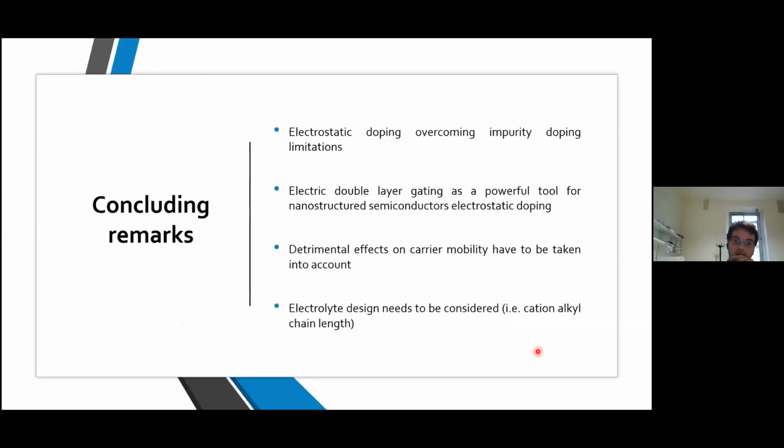So to conclude, let me summarize briefly what I have presented to you. I hope I've convinced you that electrostatic doping is a really promising tool for the next generation of semiconducting devices in which the doping is not accessible anymore via conventional chemical impurity doping techniques, and that in this frame, ionic liquids and electric double layer gating in general is a really powerful, promising tool to perform electrostatic doping on semiconducting nanostructures.